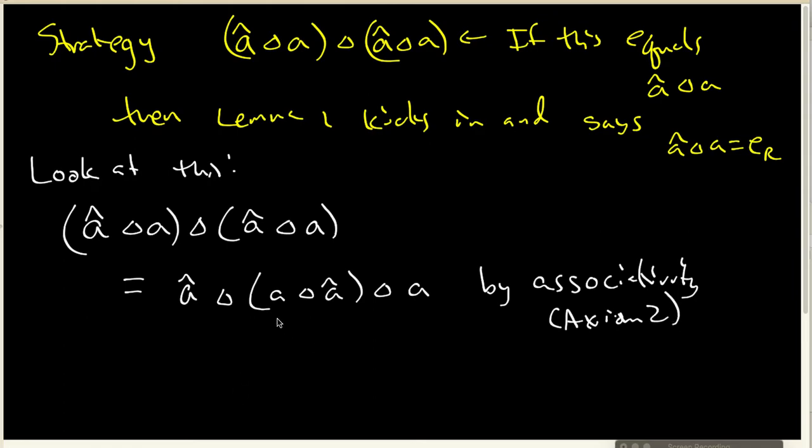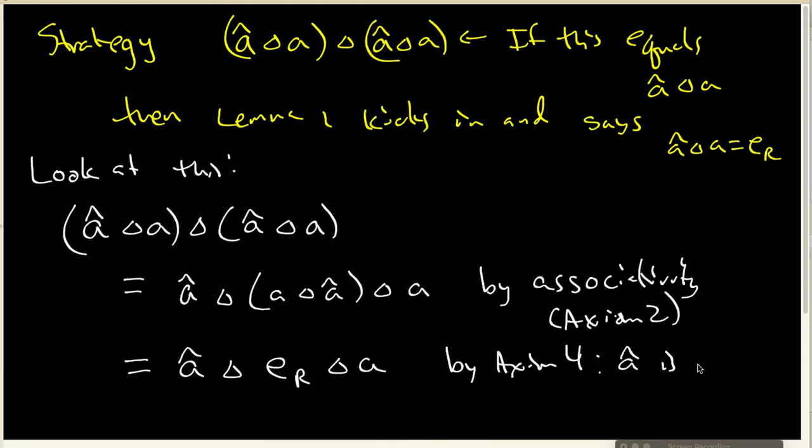Now, what's sitting in here is A triangled with its right inverse. So I know that that's going to be ER. So this is going to be A hat triangled with ER triangled with A. And this is by axiom 4, A hat is a right inverse of A.